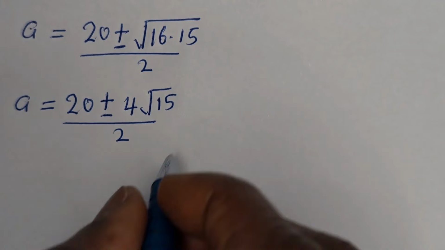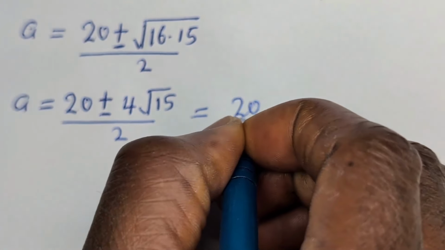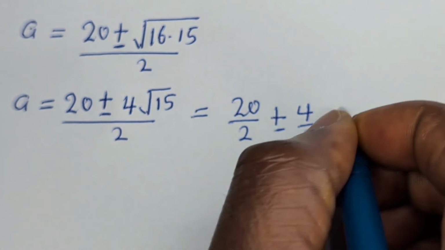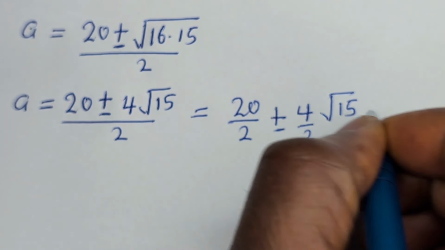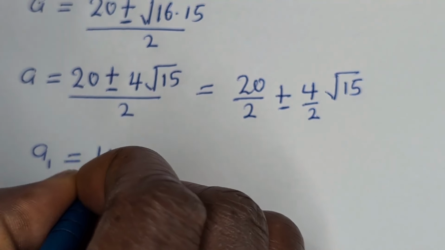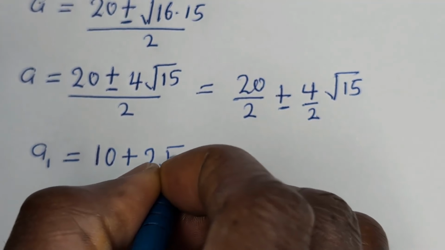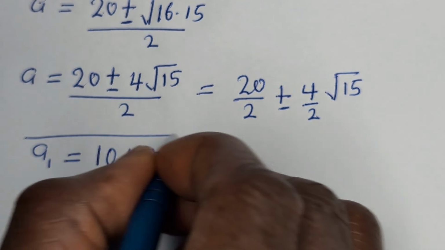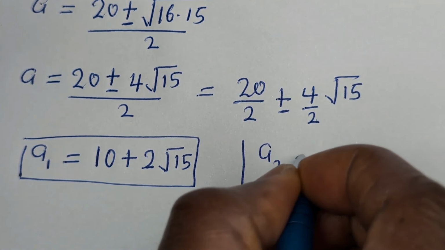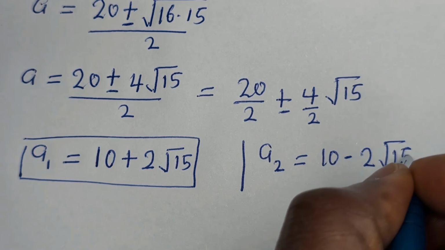Therefore, this is equal to 20 over 2 plus or minus 4 over 2 root 15. Then a1 is equal to 10 plus 2 root 15, and a2 is equal to 10 minus 2 root 15.